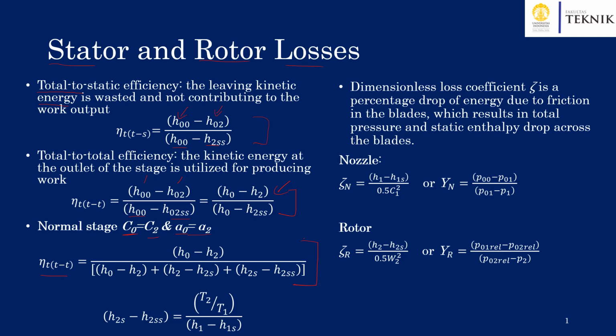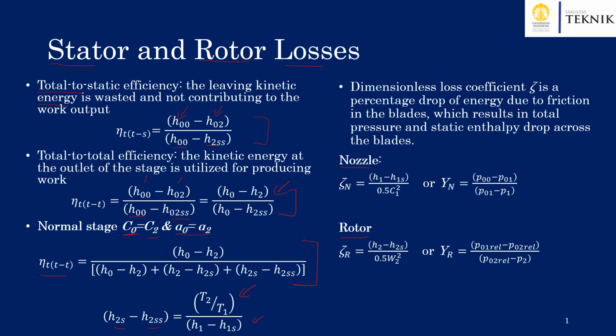In a simple term, we can write it as a function of the enthalpy difference between points 2s and 2ss, as a function of temperature ratio and total enthalpy difference. And from these efficiencies equations, we can move on to the losses at the nozzle and the rotor.